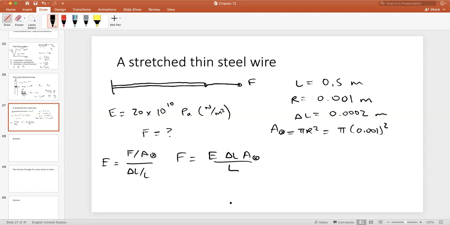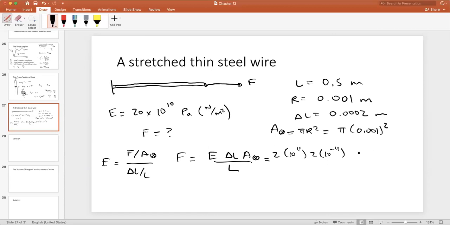Okay. So now, really fast, one thing I want to do for you is scientific notation on this. So 20 times 10 to the 10th is 2 times 10 to the 11th. So this is 2 times 10 to the 11th. And the change in length is 2 times 10 to the minus 4.